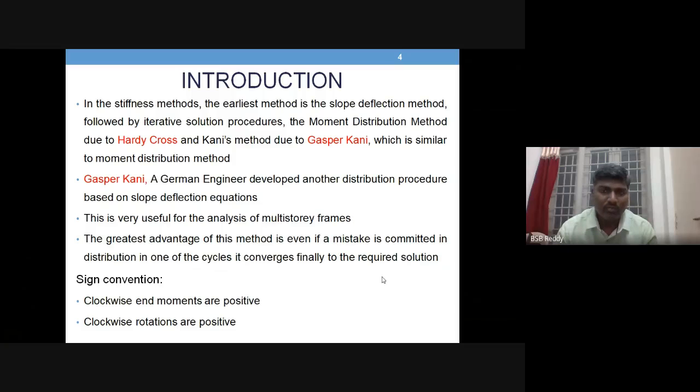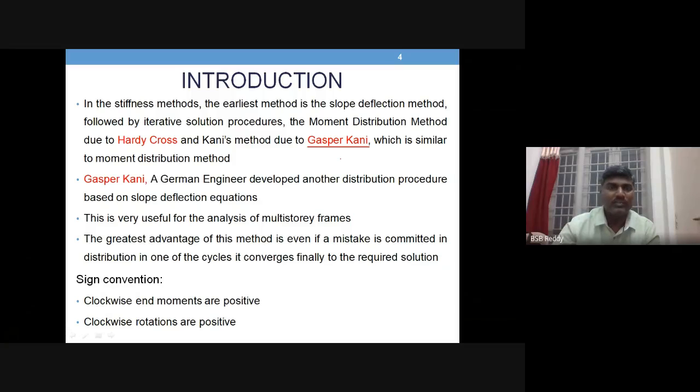And now one more distribution method was developed by a German engineer, Gasper Kani.